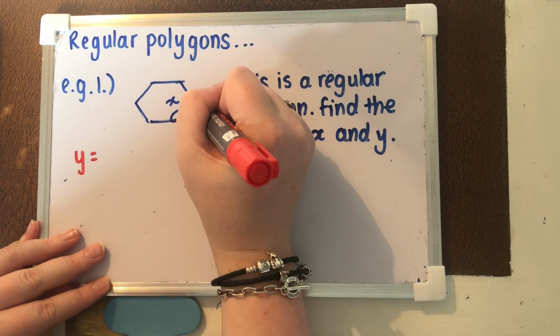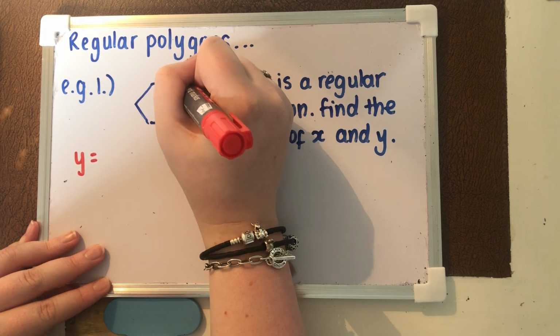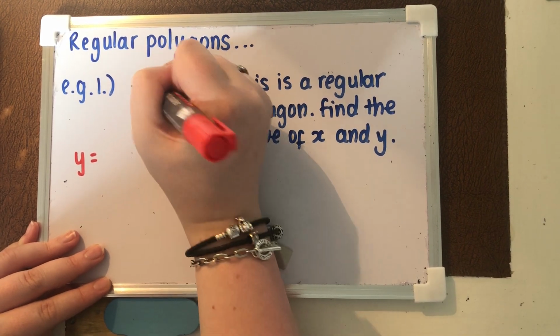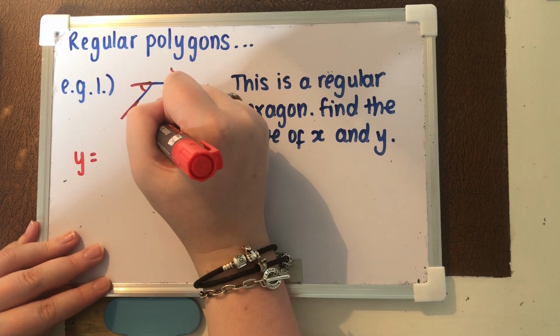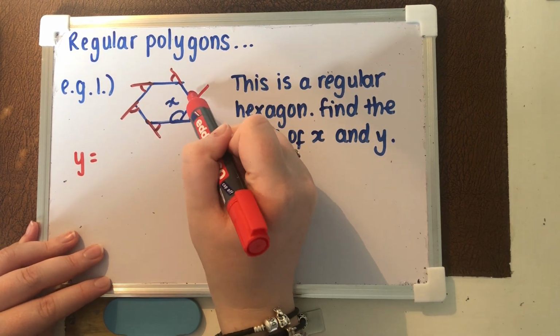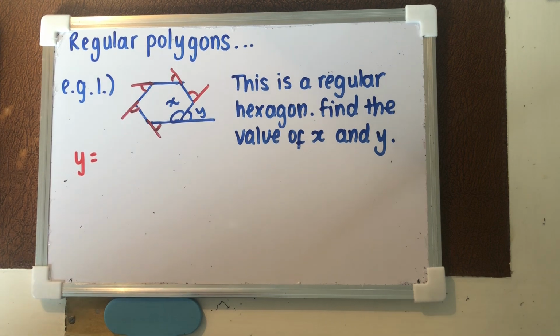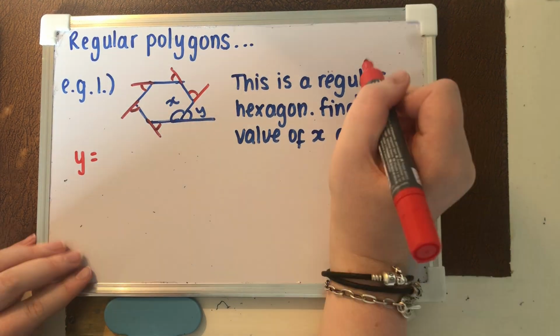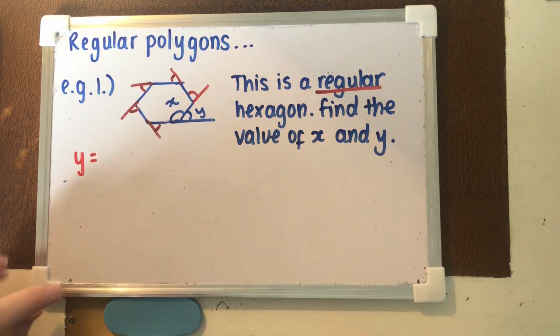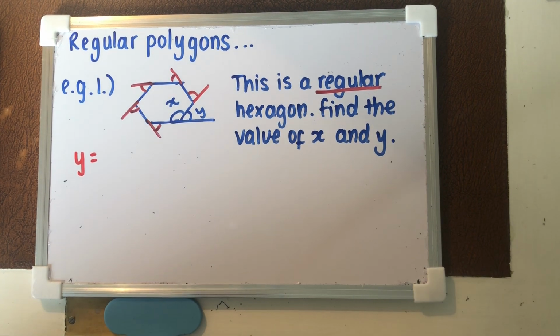So imagine if I carried on with all these, like this. All these 6 angles that I've now drawn, including the y, would add up to 360. Now because it's regular, that means that all those must be the same number.